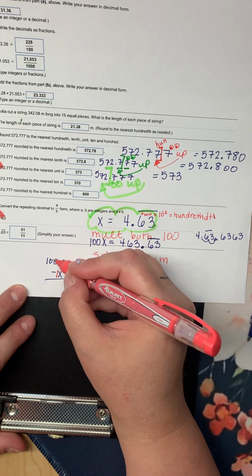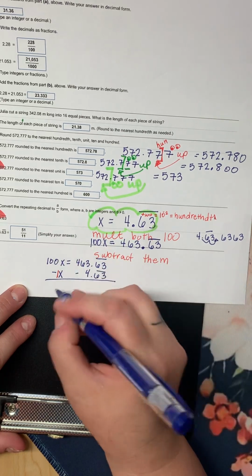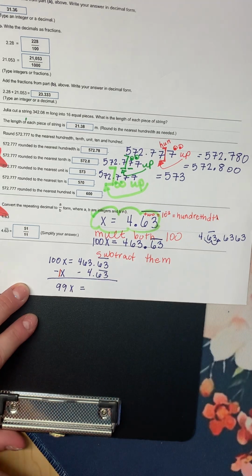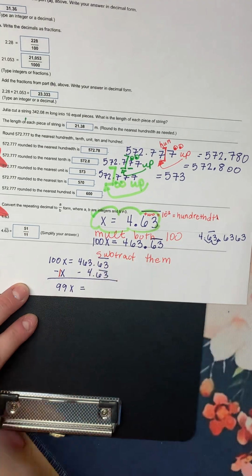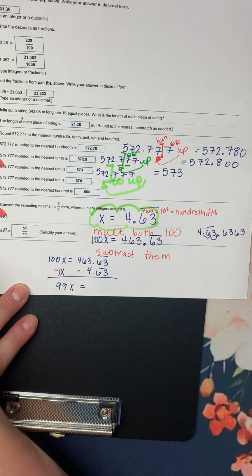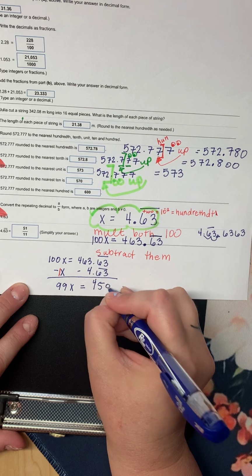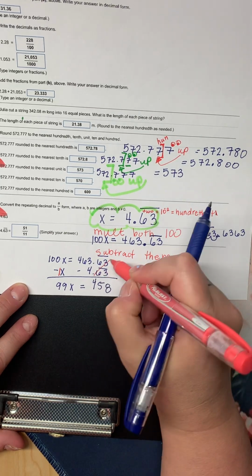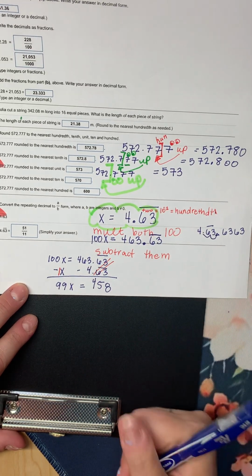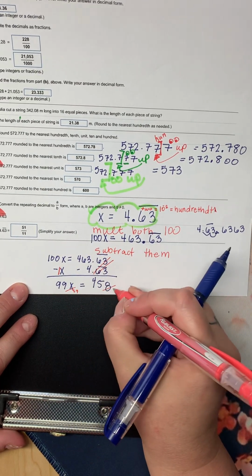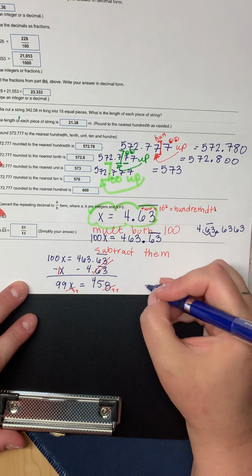And when we do, 100 minus 1 is 99. And this 463 is 458. And the repeats cancel. Then to get x by itself, you divide by 99 and try and reduce if you can.